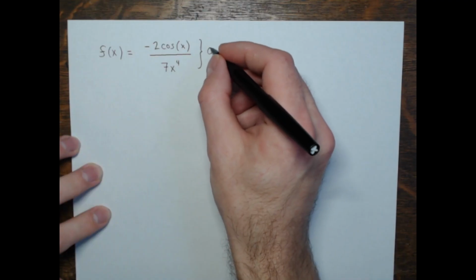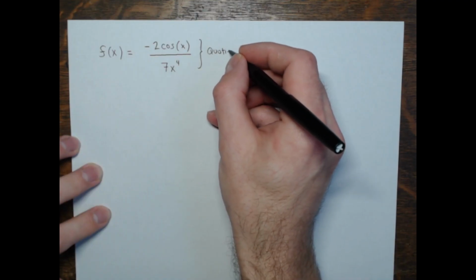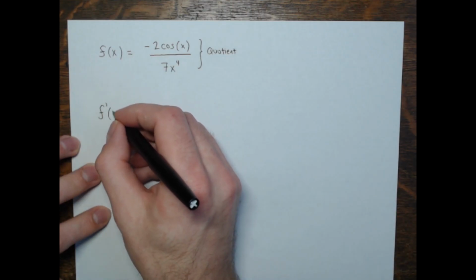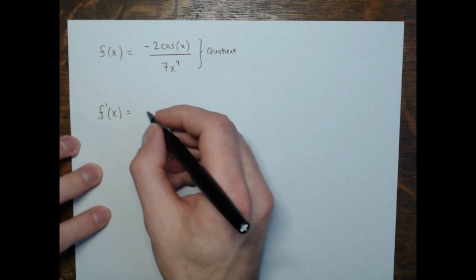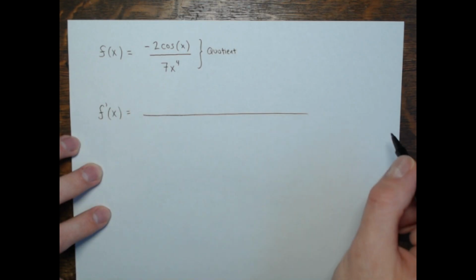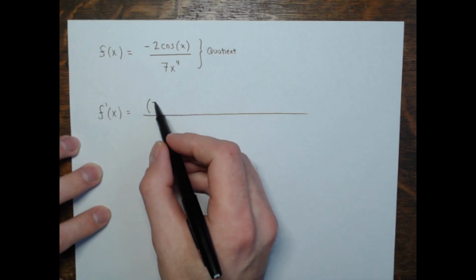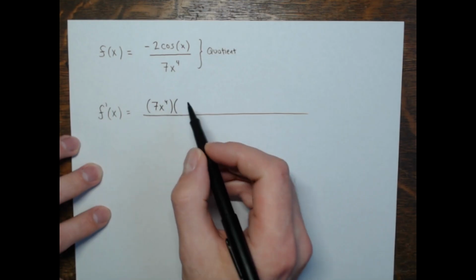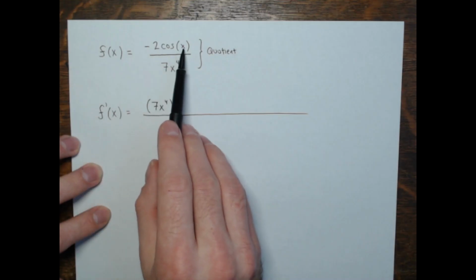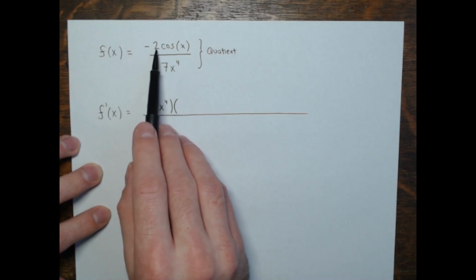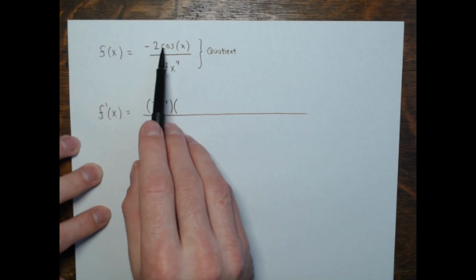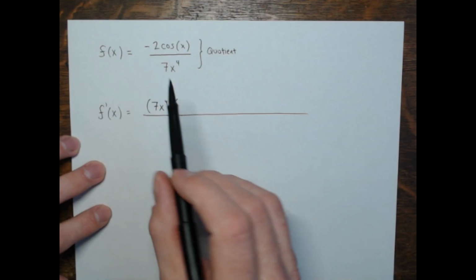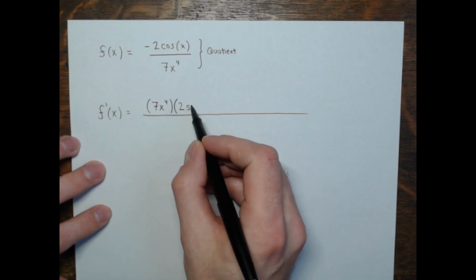So once again, I see a fraction, so I'm going to be applying the quotient rule when I go about stating the first derivative. So again, big bar. So it's the denominator, 7x to the 4th, multiplied by the derivative of the numerator. Remember, coefficients stick around, so that'll be negative 2 times, and then the derivative of cosine was negative sine. So this is positive 2 sine of x.